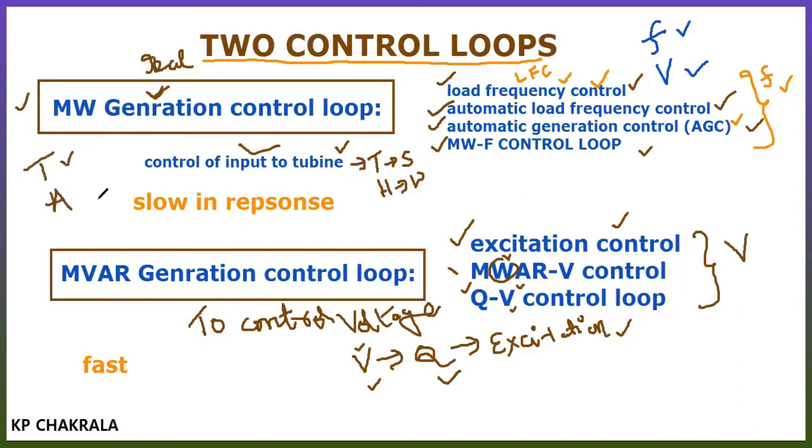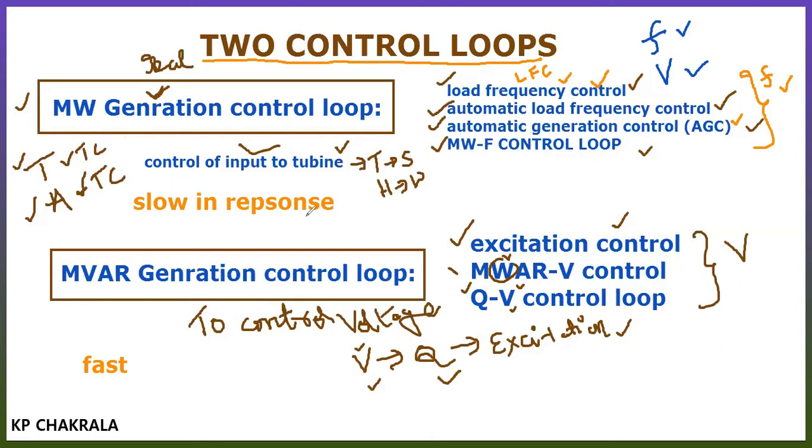Each and every rotating device will have a certain time constant, so if we give some input, it will take some time to change the output. That's why it involves time constants in the turbine and the alternator.